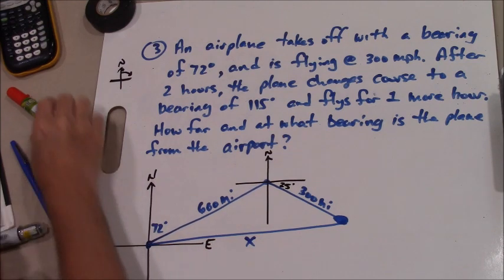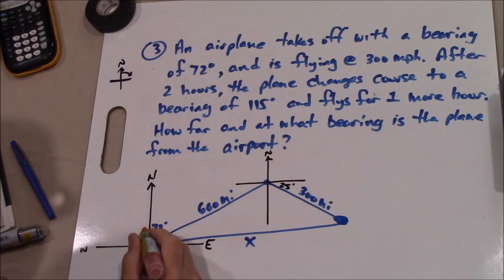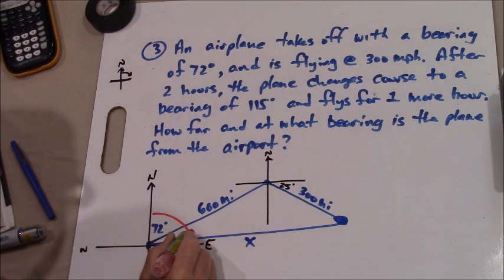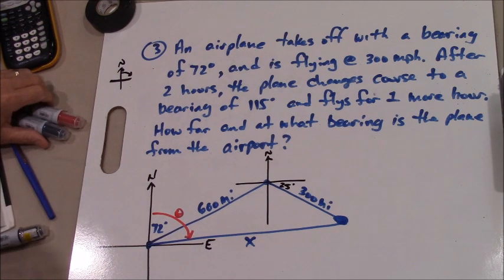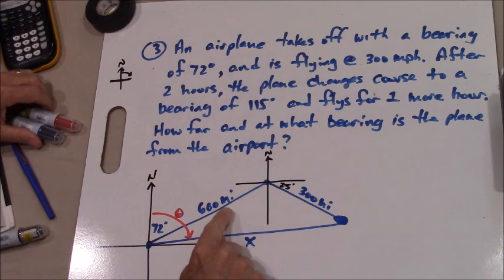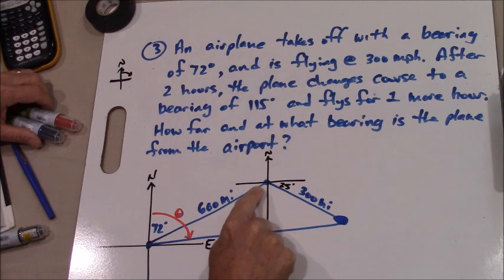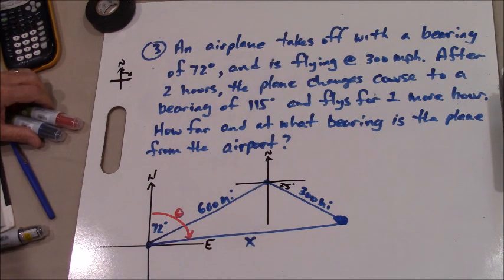So I'm going to have to find this angle right here. I guess to start, I have 2 sides of my triangle. If I could get this angle, that would certainly help.